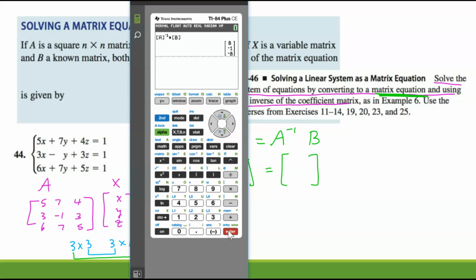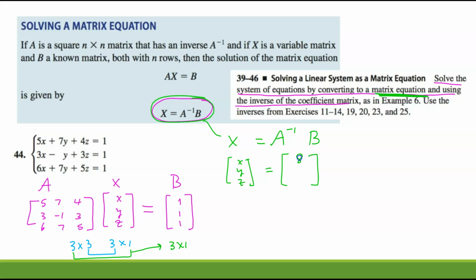The solution is 8, negative 1, 8. So what we get is x is 8, y is negative 1, z is 8. Same thing we would have gotten using our RREF. We're just looking at a different way to solve. We're looking at solving using inverses.